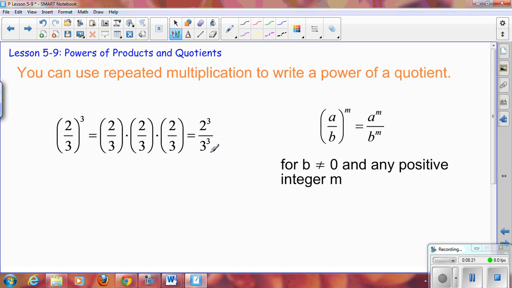That's the bottom times the bottom. So you can see that we take that exponent, that 3, and we apply it to the top and to the bottom. And here it is in variables. A over b raised to the m is a to the m over b to the m. And that is, of course, assuming that b does not equal 0.